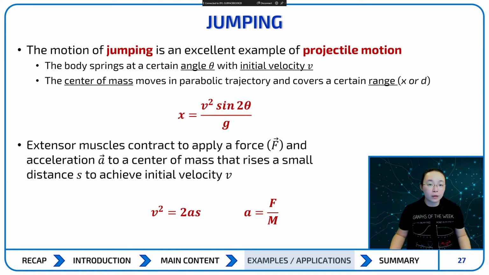It's almost like your body's providing an internal impulse for you to start moving. Some additional equations would be v squared equals 2as, and a equals F over m. As part of a potential assignment, you might want to know how to derive these equations, just to know where they come from.